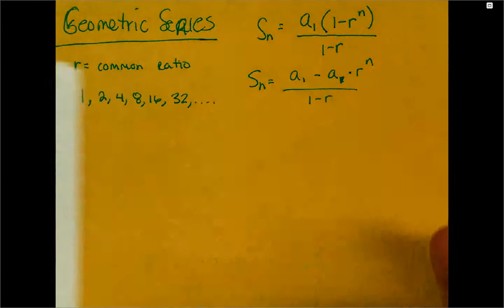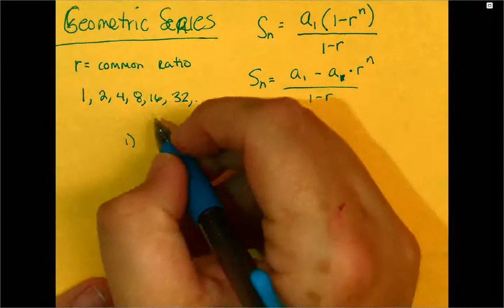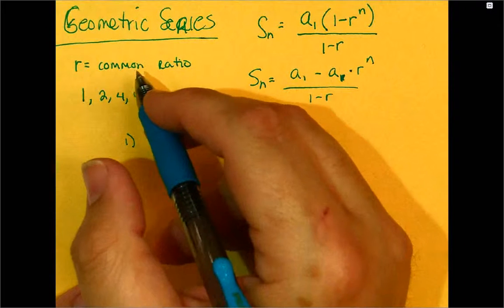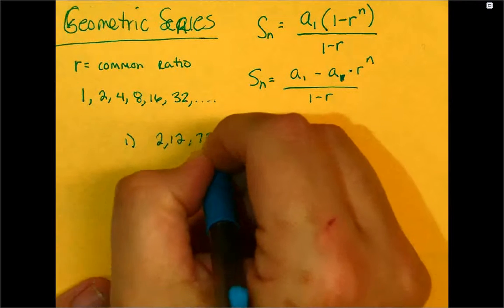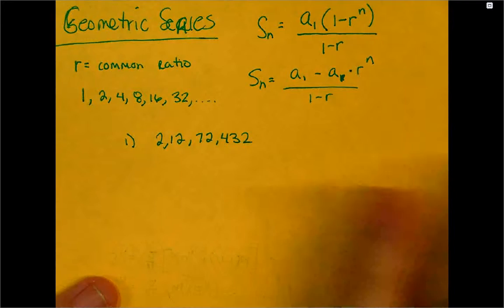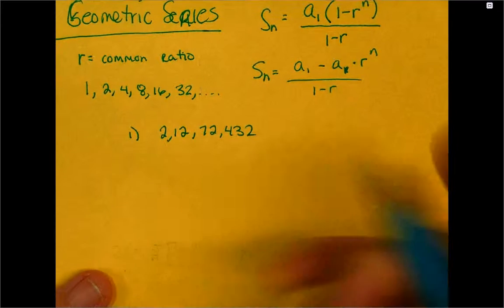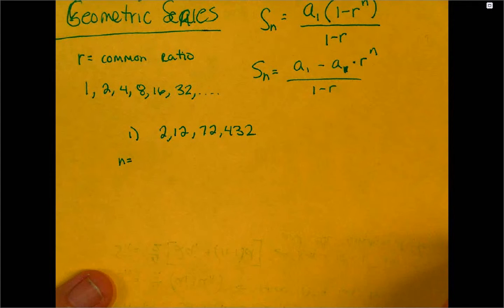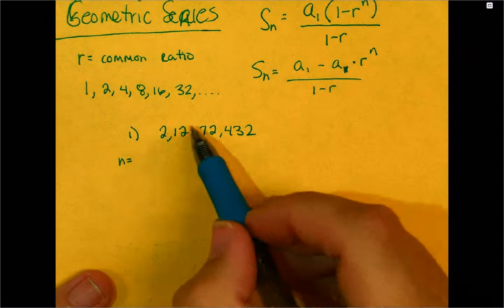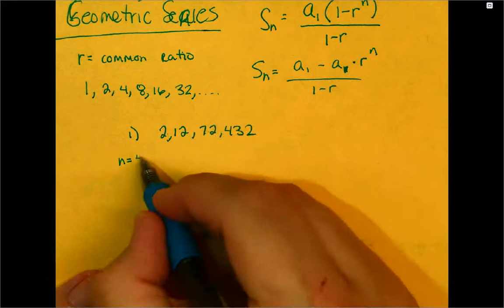Now, for example, number 1 from the finite geometric series worksheet has 2, 12, 72, and 432. All right. What's n? How many terms are there? 4. All right. N is 4. What's r?